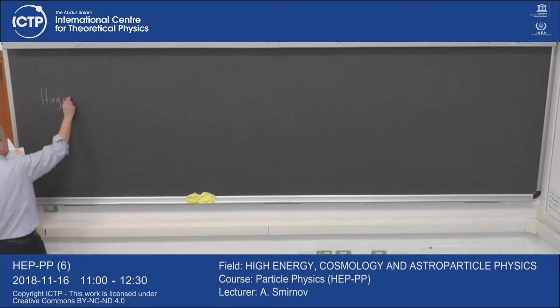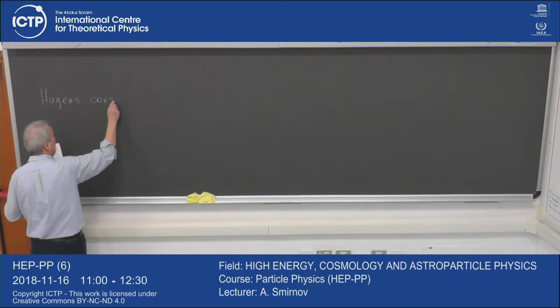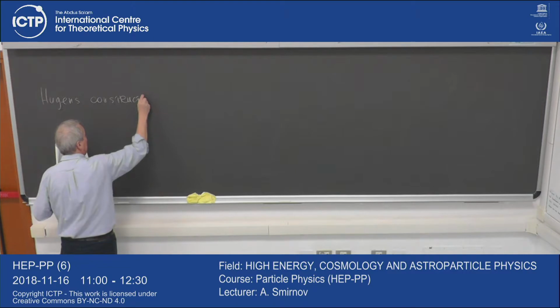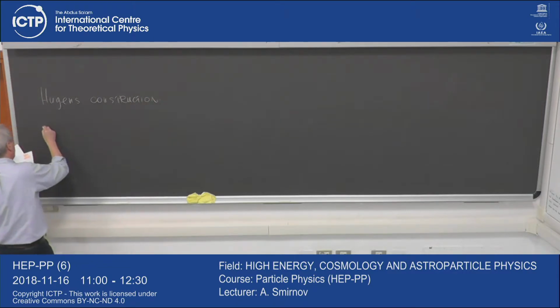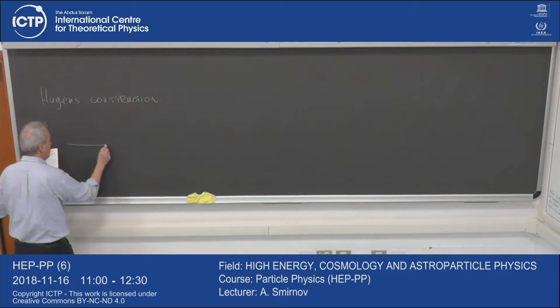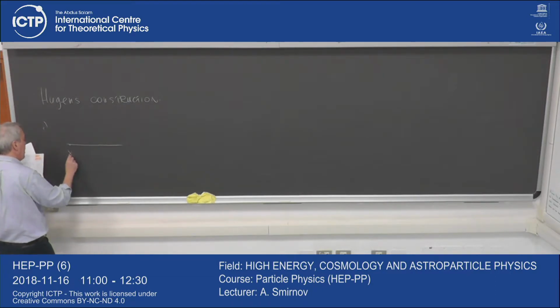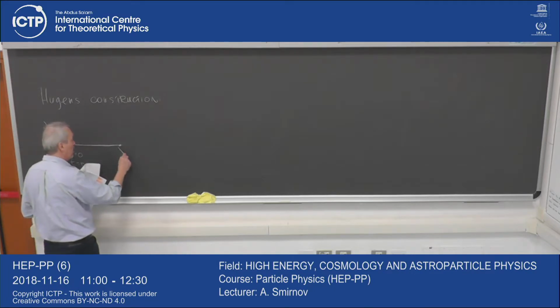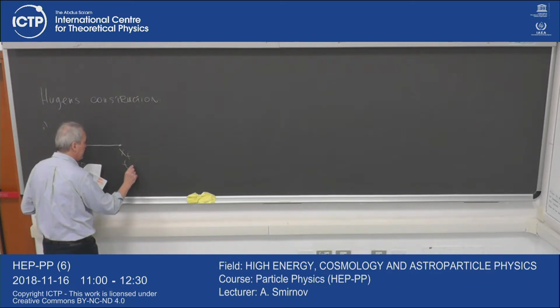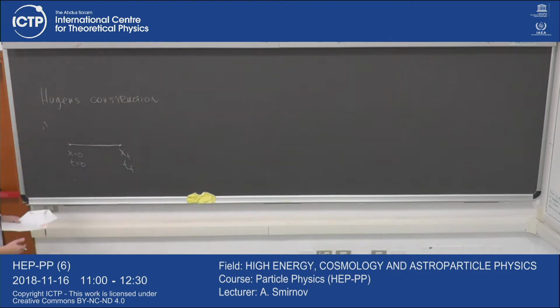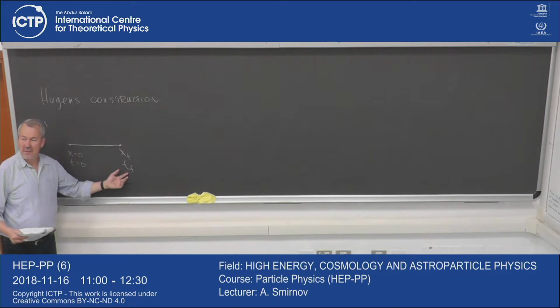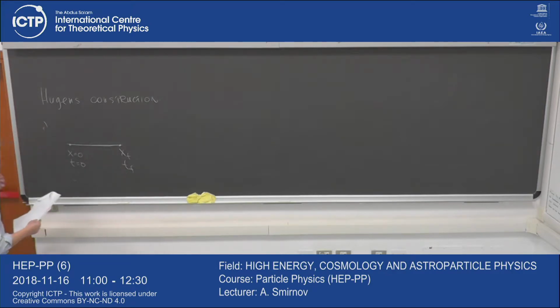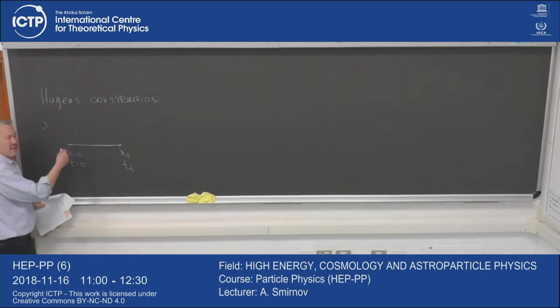So let us use Huygens' construction. First, suppose we have a particle which is produced at some point x equals 0, t equals 0. It propagates and is absorbed at some point xf, tf. Actually, it's not necessarily absorbed; we can just consider a given interval of time. The particle will emit Cherenkov light.